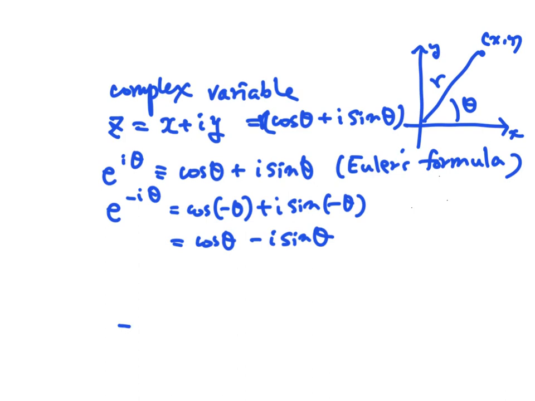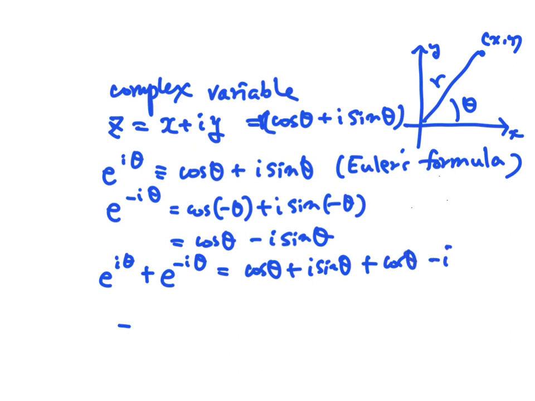So if we add them together, exponential i theta plus exponential minus i theta is cosine theta plus i sine theta plus cosine theta minus i sine theta.